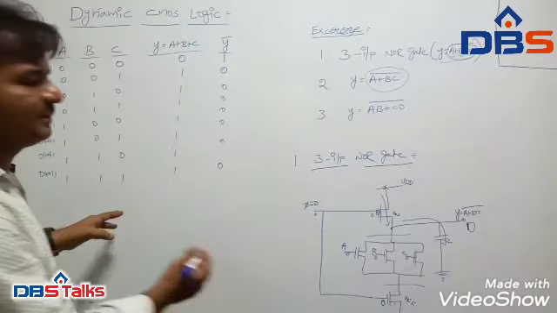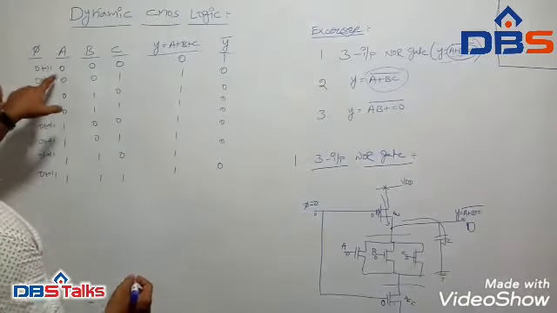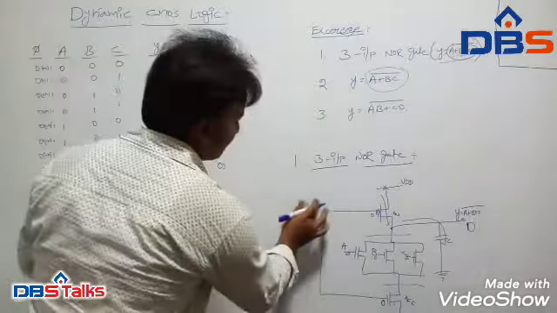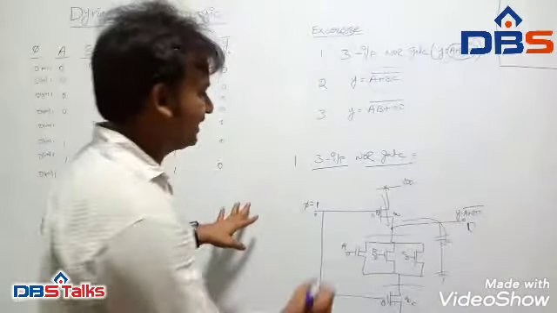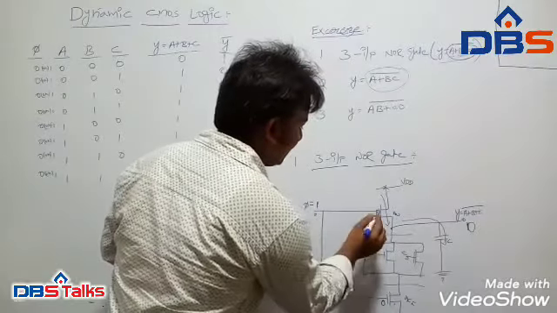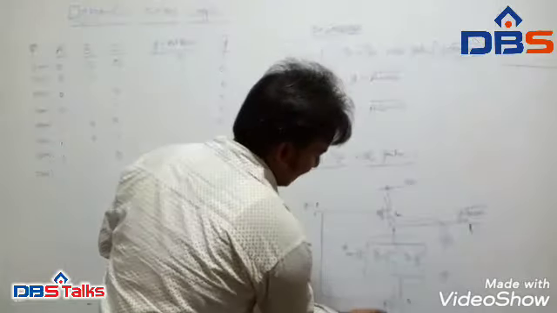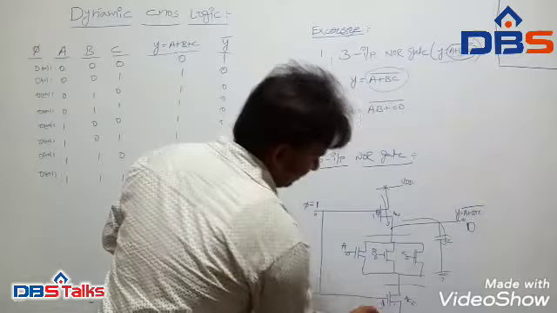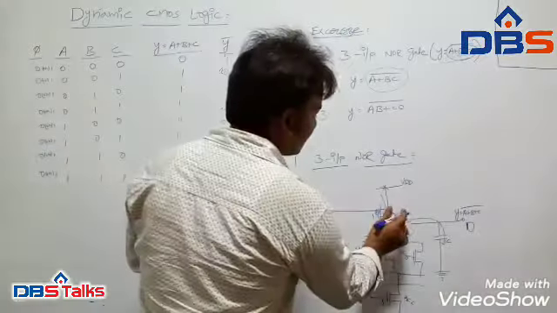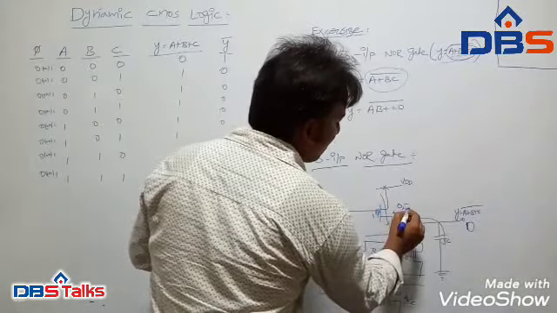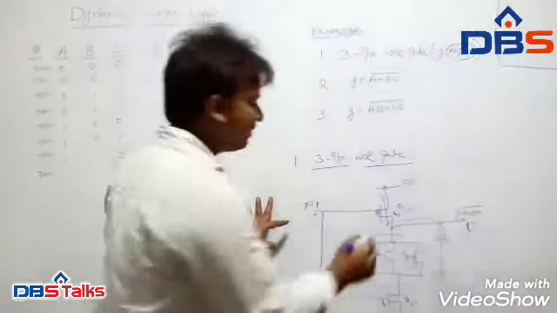For example, for the second case, whenever I change φ to 1, then with the inputs at logic high, the PMOS transistor will be in off condition.